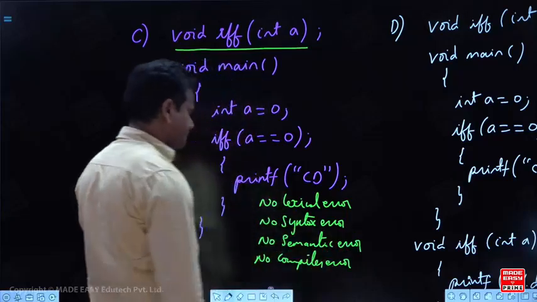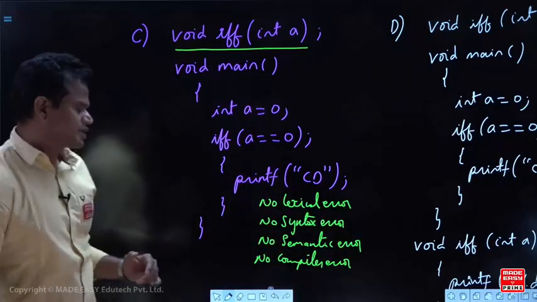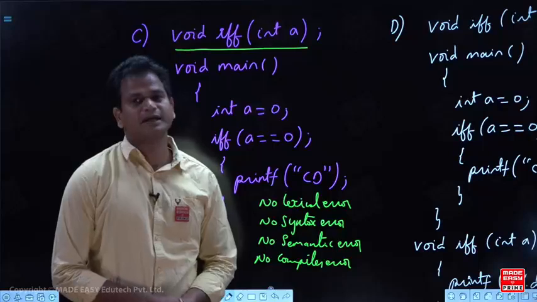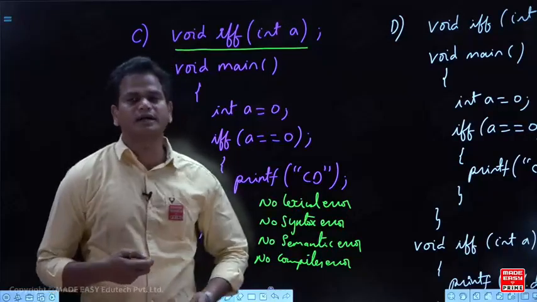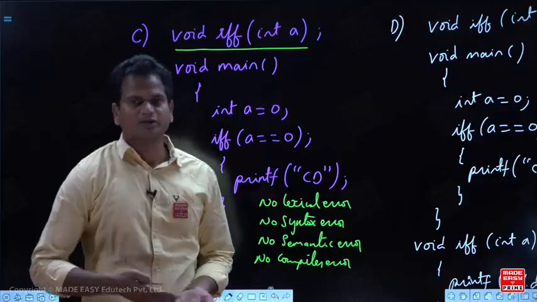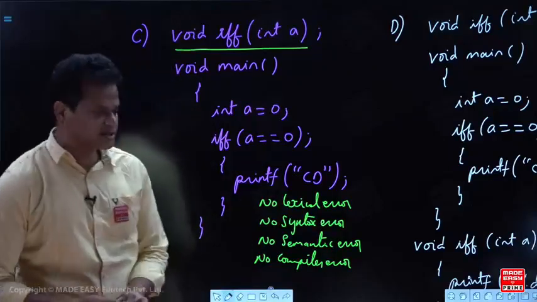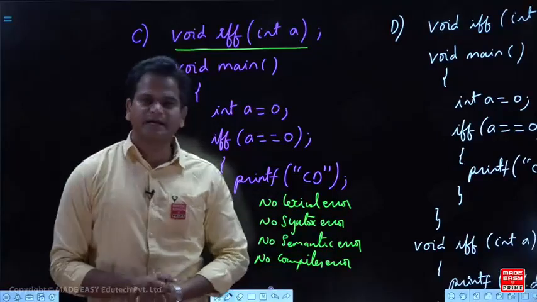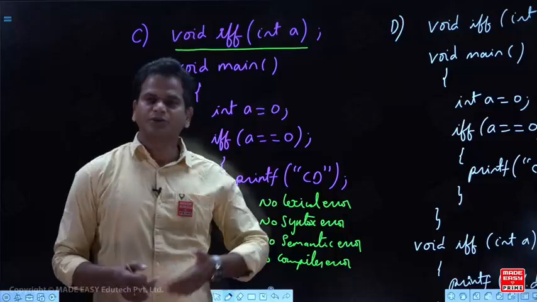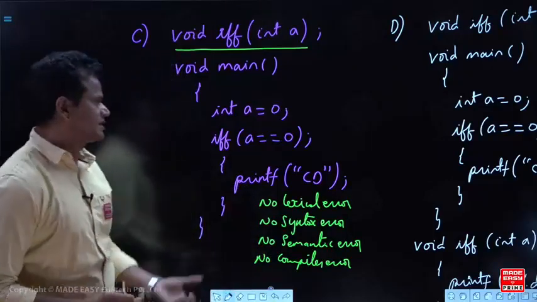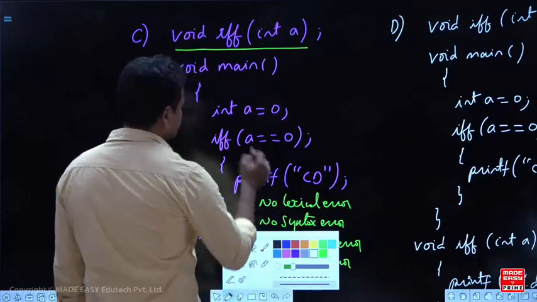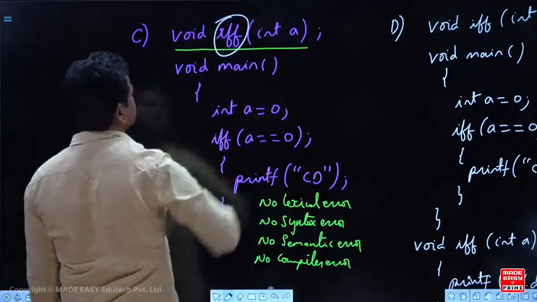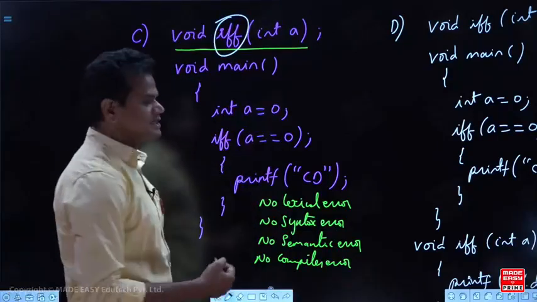Okay. Now after compilation, linking will come. At the time of linking, it links all the functions. Standard functions it searches in the library, and for a user defined function, it searches for the definition. Here it is a user defined function, but its definition is not there.